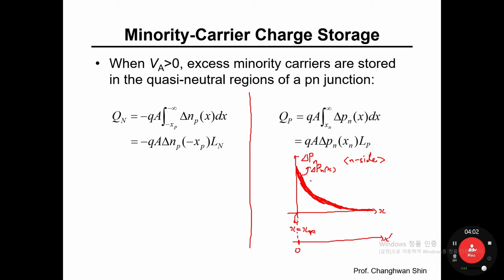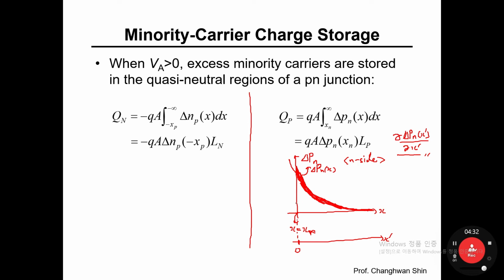Previously, when we were deriving the ideal diode equation, we took advantage of using the slope of this curve. In other words, we used the partial derivative of delta p_n with respect to x prime. Please go back to the old derivation steps for the ideal diode equation, and you're going to see this first derivative of excess minority carrier concentration.